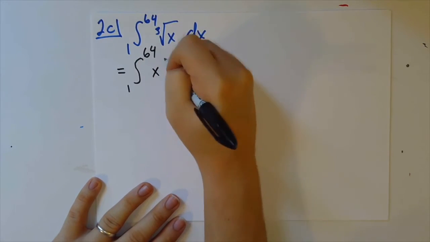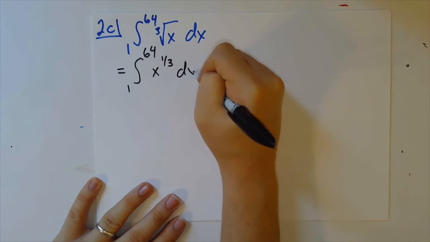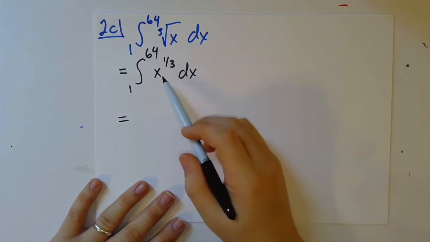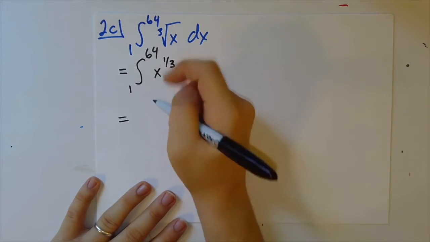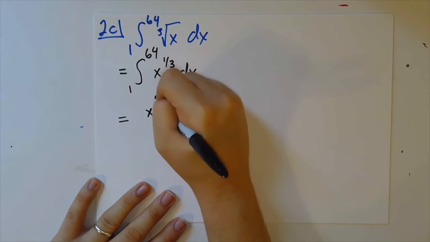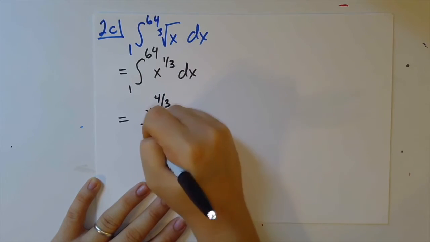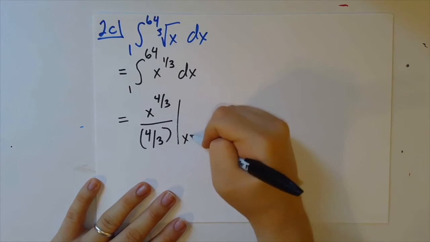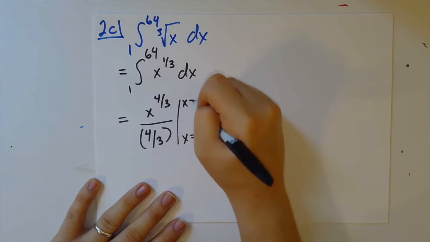So this is 1/3 power dx. And so I want to remember the power rule here. So this is going to be x to the 4/3 divided by 4/3, evaluated as x goes from 1 to 64.